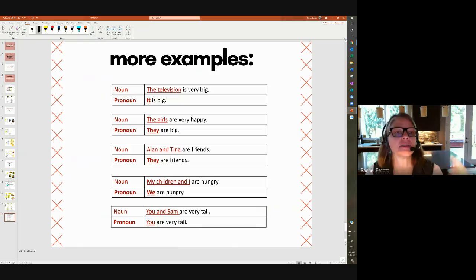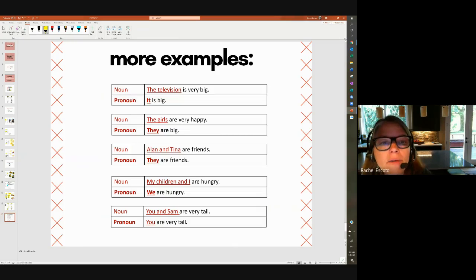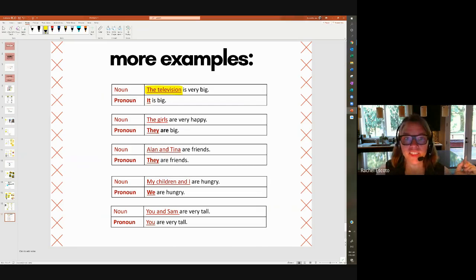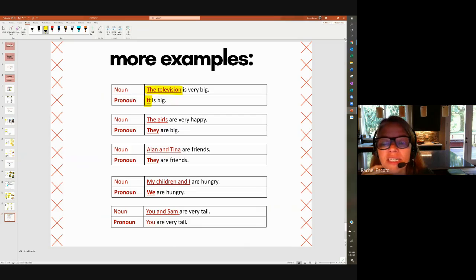Finally, last examples. So here's the noun. Okay. So here, the noun, the television is very big. And the television is an I, a you, a he, a she, or an it. Well, it's an it. So we change from the television is very big to it is big.